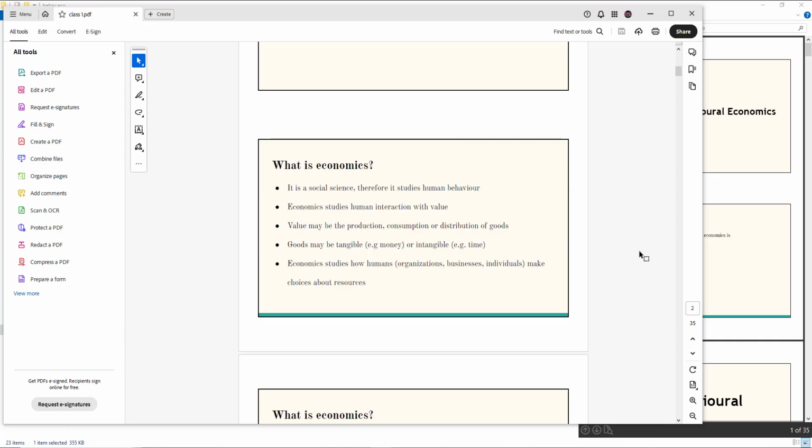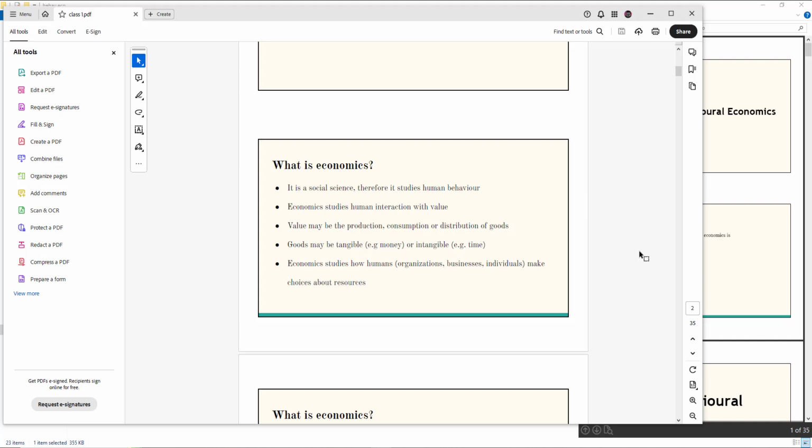Whatever resource you are using, we are interested in the value of that resource. Now this value may be the production, consumption, or distribution of goods. And the goods may be tangible or intangible. Tangible like money, the physical which you can touch, see. And intangible like time, which you cannot touch or see.